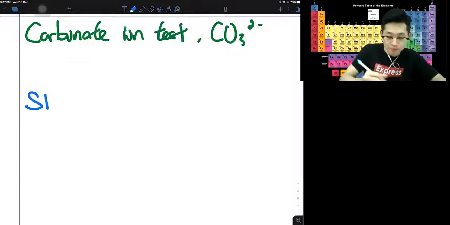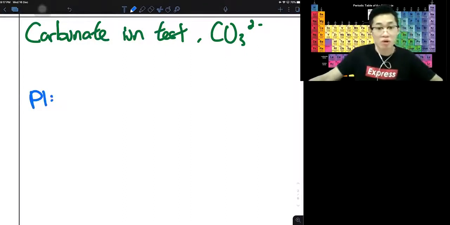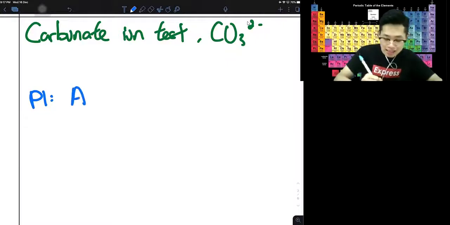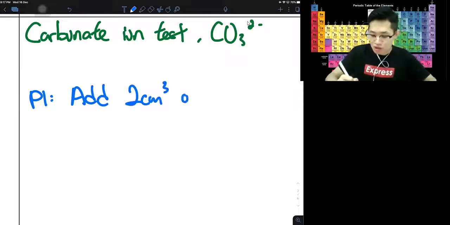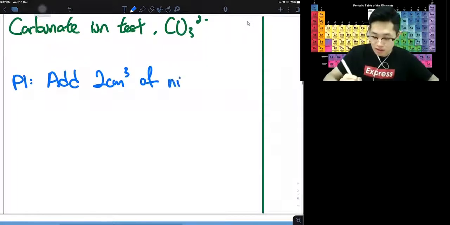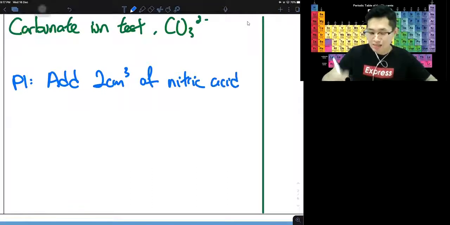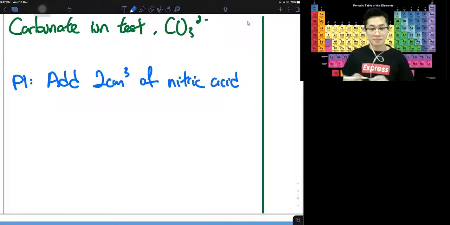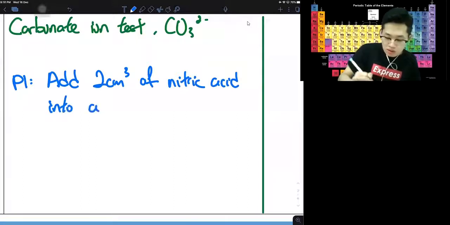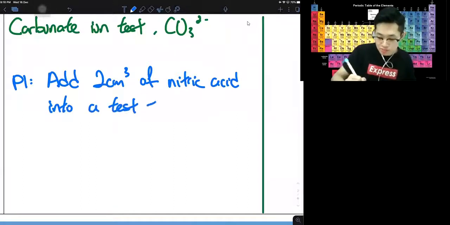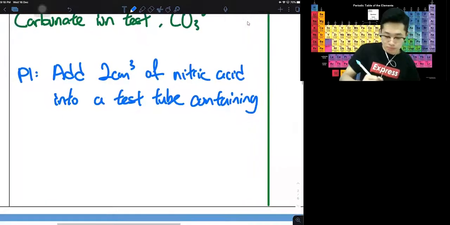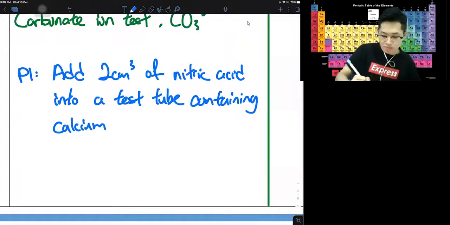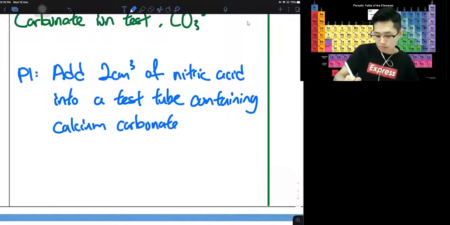So my step 1 will be just add. This one you have to write down. Add 2 cm³ of nitric acid into a test tube containing calcium carbonate.